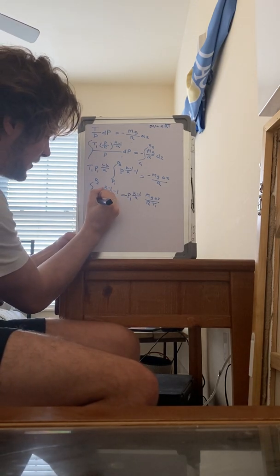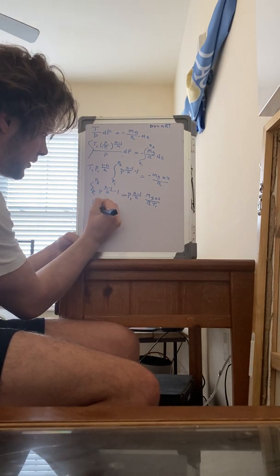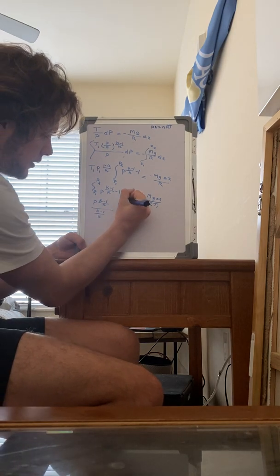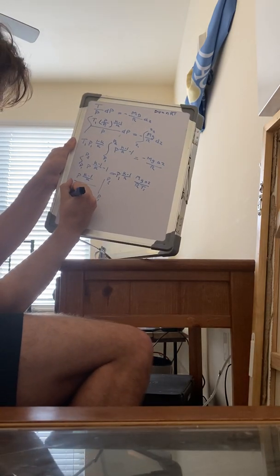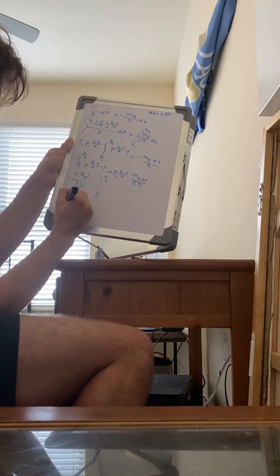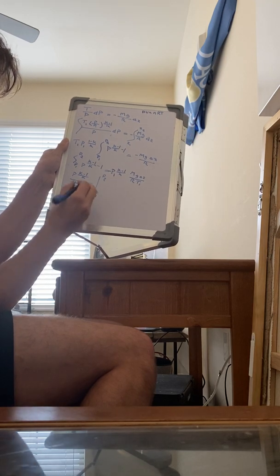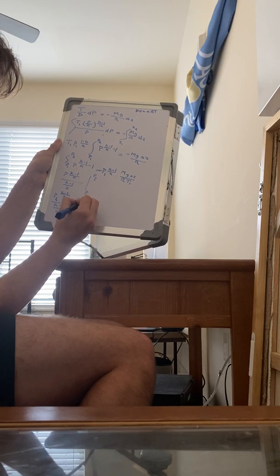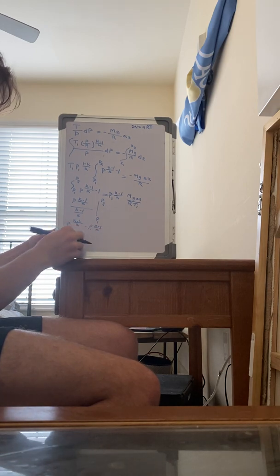So P to the K minus 1 over K over K minus 1 over K, evaluated from P1 to P2. So I get P2 to the K minus 1 over K over K minus 1 over K minus P1 to the K minus 1 over K. And then I'm going to move my K minus 1 over to the other side.